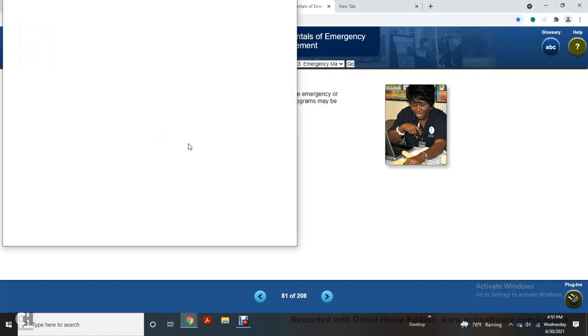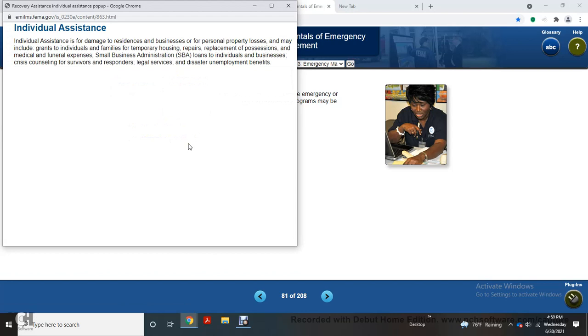Individual assistance for residents and businesses with personal property loss may include grants to individuals and families, temporary housing, repairs, replacement of possessions, and medical and funeral expenses. It also includes Small Business Administration loans for individual businesses, crisis counseling services, legal services, and disaster unemployment benefits.